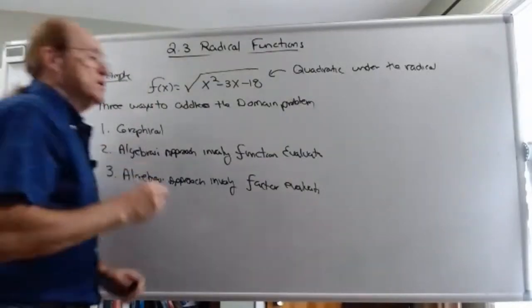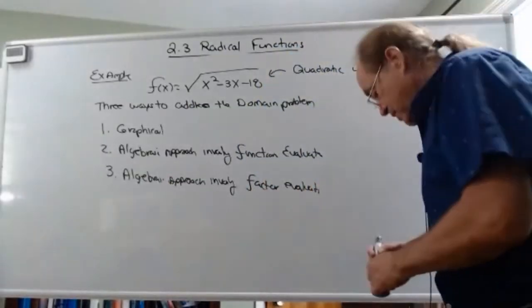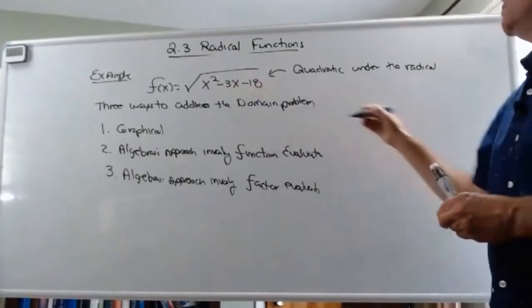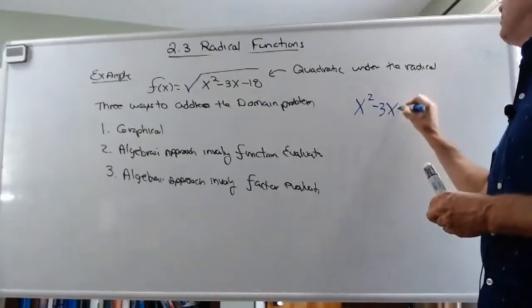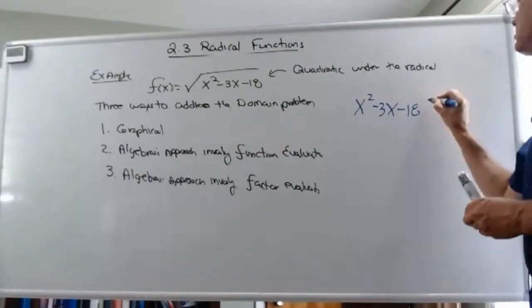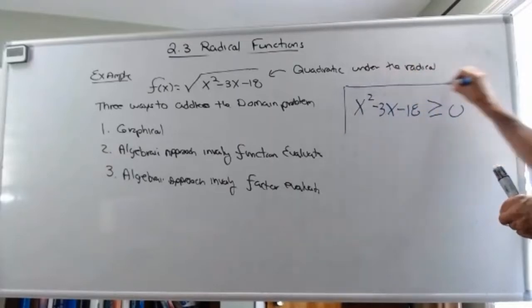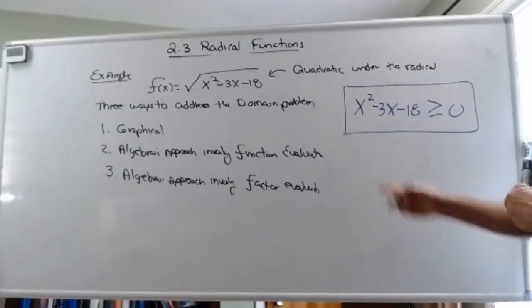Because again, this is what I want to solve. Just like all the other problems, I have to make sure that whatever is under the square root, that's x squared minus 3x minus 18, has to be non-negative. That's my focus.